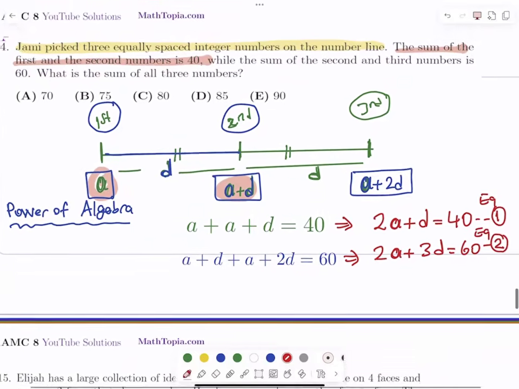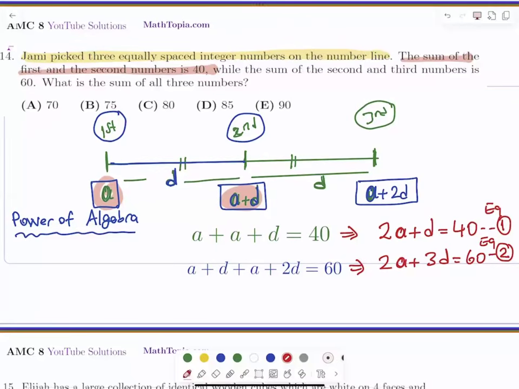So when the idea is here, I can use some arithmetic techniques, but I prefer to use algebra now. It's going to be easy when I say equation 2 minus equation 1. So 60 minus 40, right? 20.